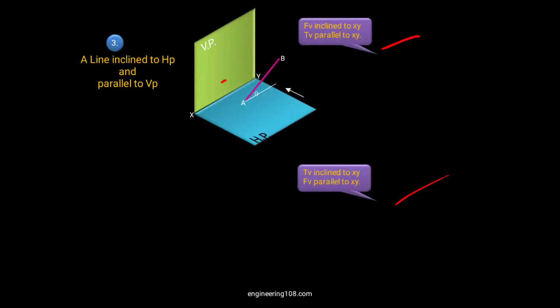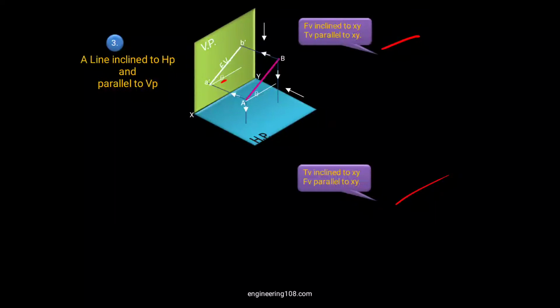Now when the observer wants to draw the front view, he will look perpendicular to VP. The eye vision rays strike the endpoints on the VP, and the white color line shows the front view on VP, that is A dash B dash at angle theta.